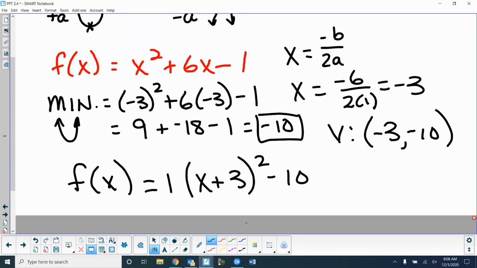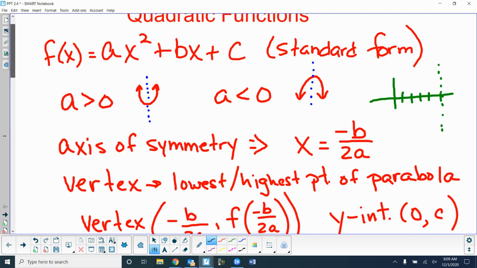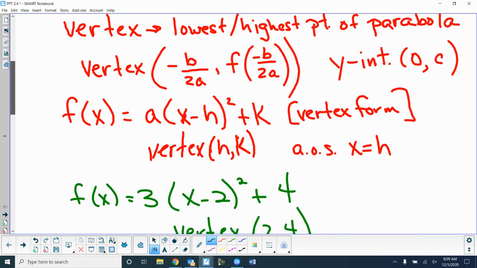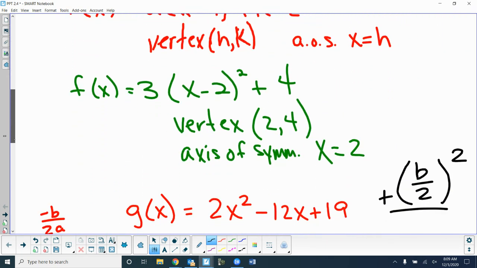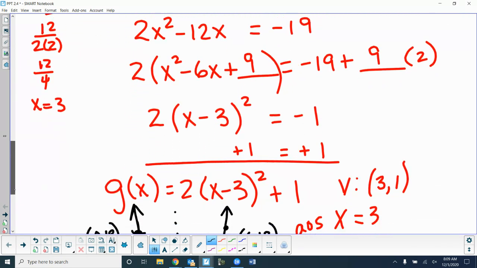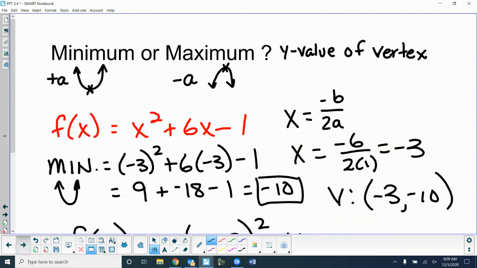So that's the 2 types of problems. Min or max, you got 3 of those. Okay? Changing it from standard form to vertex form is the other type. You got 4 of those. And then they have you look at a couple graphs to figure out what equation goes with what. All right? So it's not that much homework.